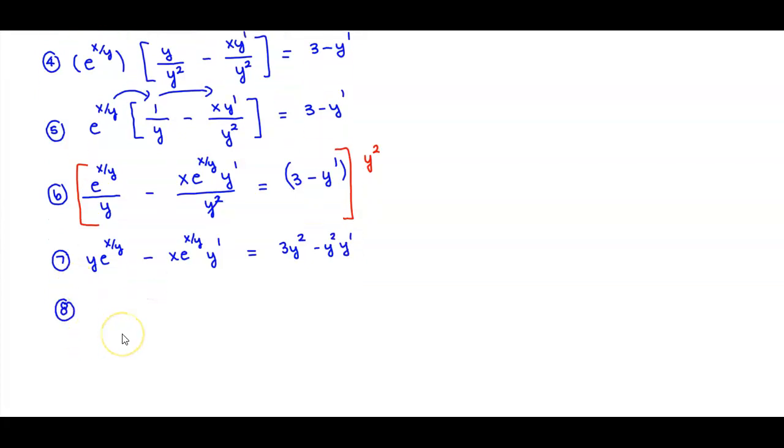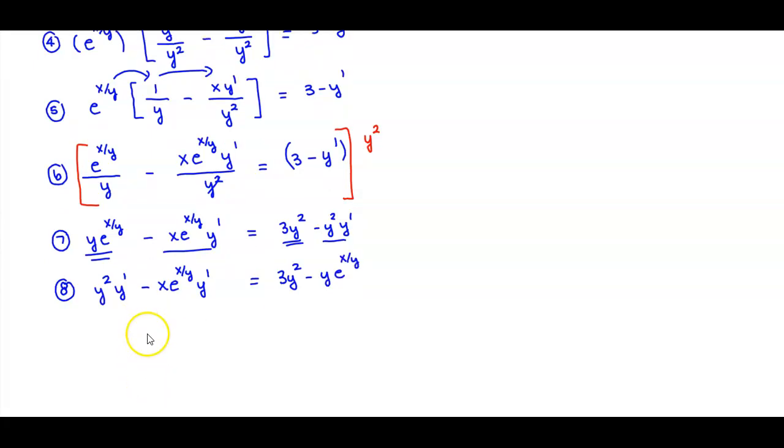Now our goal is to get y primes on one side of the equation. So we're going to add that negative y squared y prime, so we get y squared y prime on the left side of the equation, minus x e to the x over y times y prime. And then we're going to subtract y e to the x over y, so minus y e to the x over y.